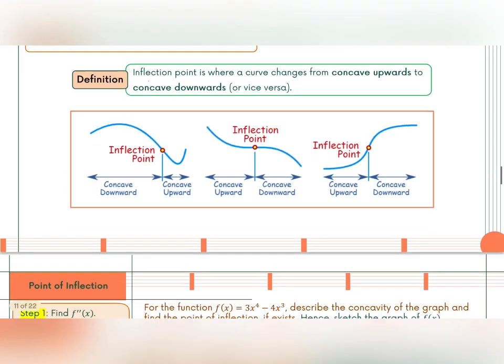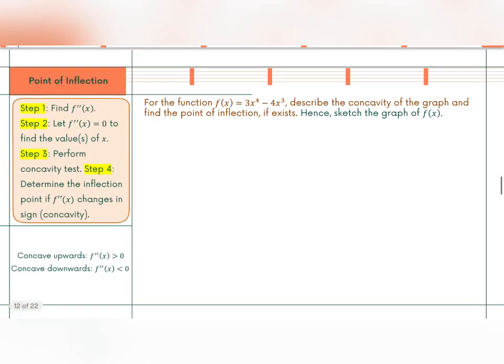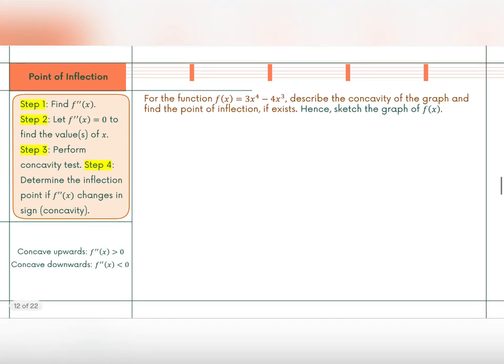Okay, so next, let's look at the example on how to find the points of inflection. Okay, so kat sini saya listkan all the steps. Okay, yang pertama adalah find the second derivative. So nak cari second derivative, kita kena ada first derivative dahulu jugalah. Okay, kemudian samakan second derivative dengan 0, equal to 0 to find the value of x.